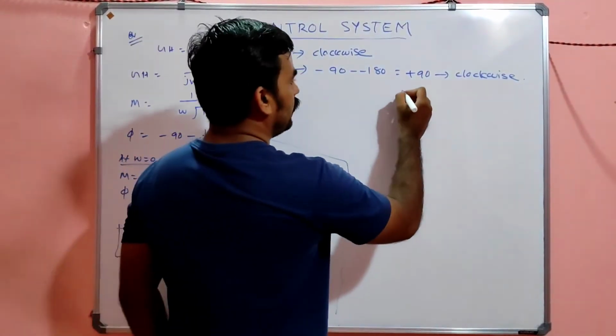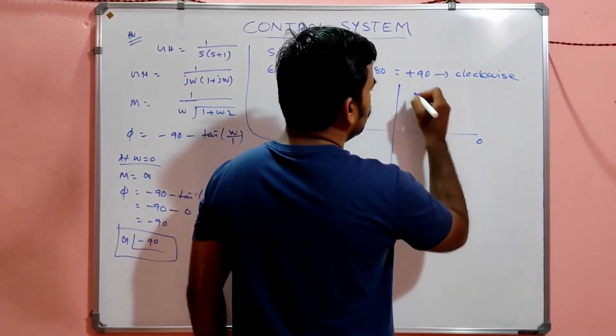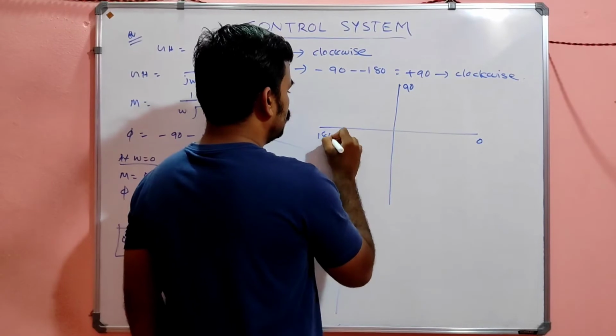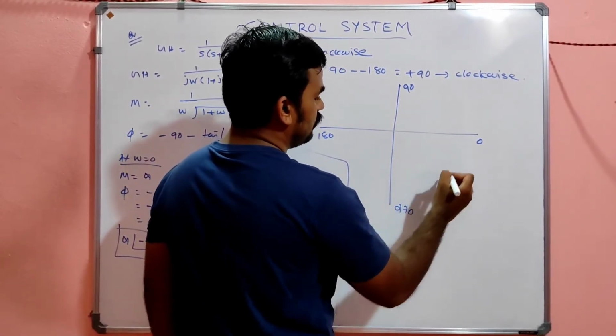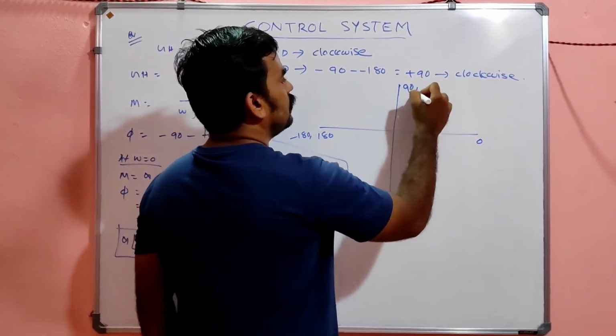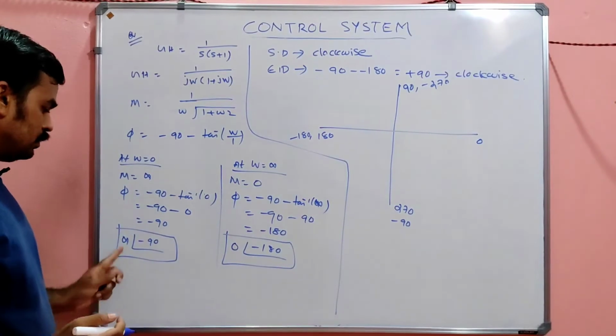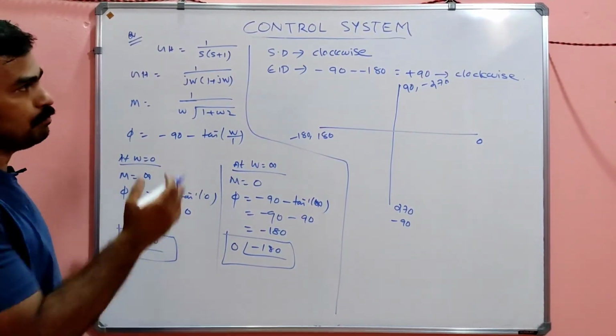So can we draw the plot again? Mark 0, 90, 180, 270 clockwise, and minus 90, minus 180, minus 270 anti-clockwise. So infinity angle minus 90, both are clockwise.